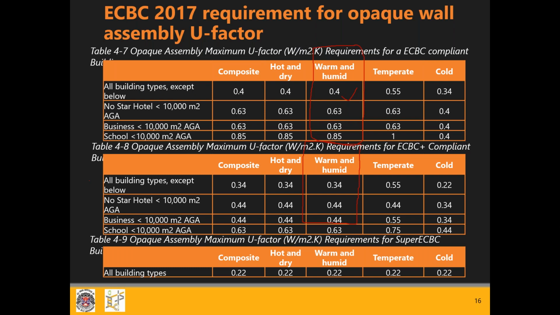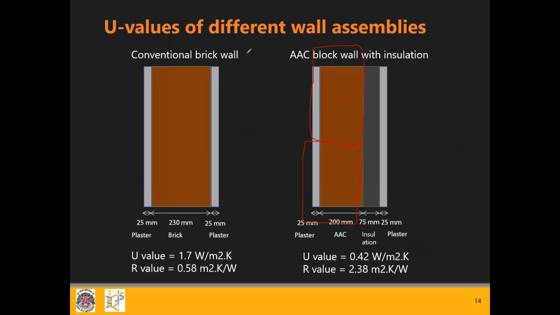That means if I choose a conventional brick wall in Kerala, which is in the warm and humid climatic zone, 1.7 watt per square meter Kelvin, a conventional brick wall will not be compliant for ECBC, right? Even with this one, if I take 25 plaster on either side, 75 insulation, and 200 AC block, it comes to 0.42.